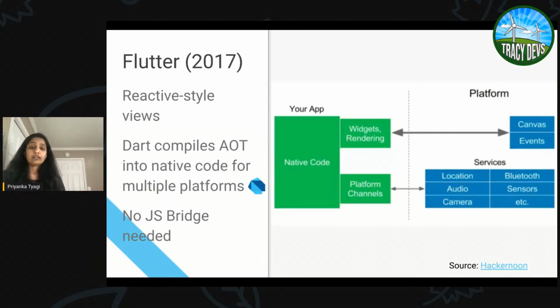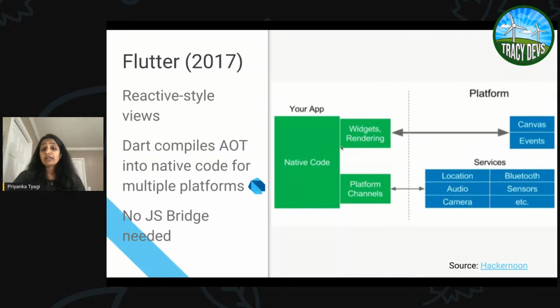Now Flutter. Flutter is also based on the reactive view style. However, there's a difference. Flutter apps are written in Dart, and Dart compiles ahead of time into native code for the targeted platform. If you're running your app, which is written in Dart, on the web, your code will compile into JavaScript, and then it will run on the web platform.